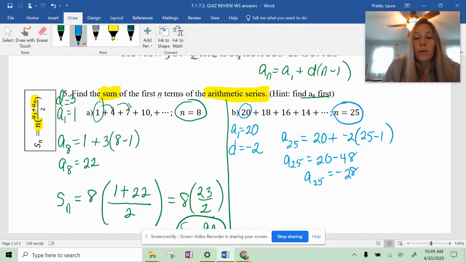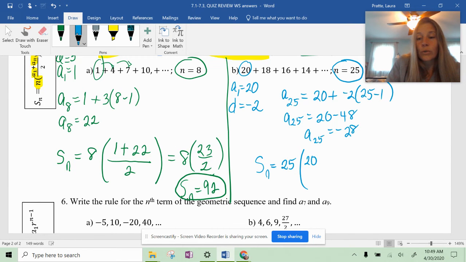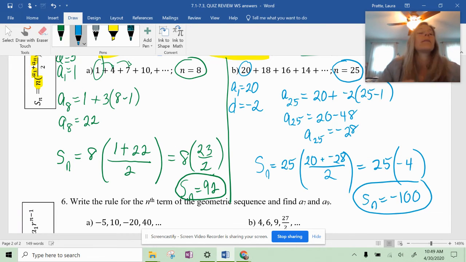So once you get all those 3 pieces, you can use the formula over here on the left. So my n value is 25. Then I'm going to average out my first term, which is 20, and the 25th term, which will be negative 28. So that is going to give me a negative 8 over 2, which works out to be negative 4. And so then when I work that out, I end up with negative 100 for the sum of that series.